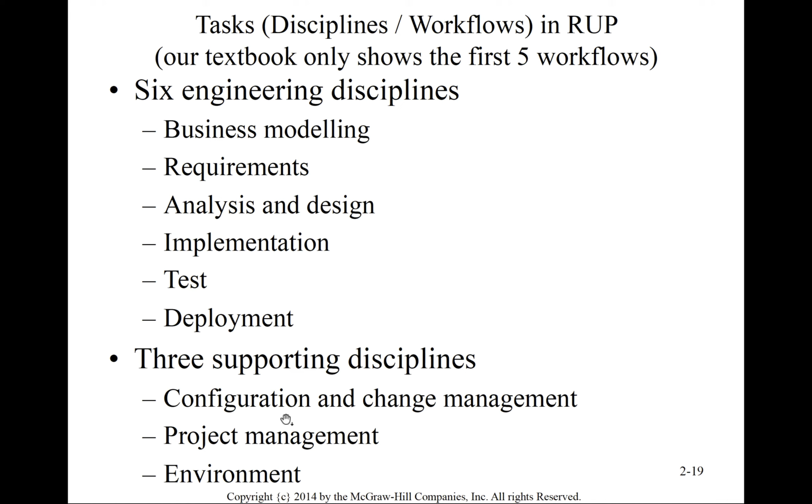The supporting disciplines are more about management, like how people manage things, and the 6 are more about technical things: business modeling, requirements, analysis and design, implementation, test, and deployment.